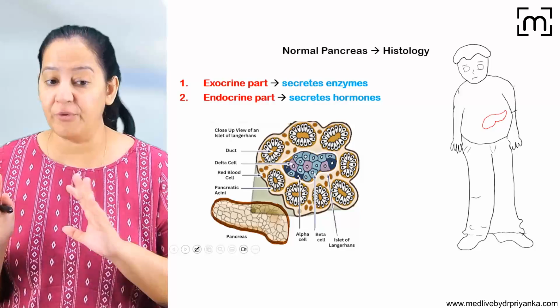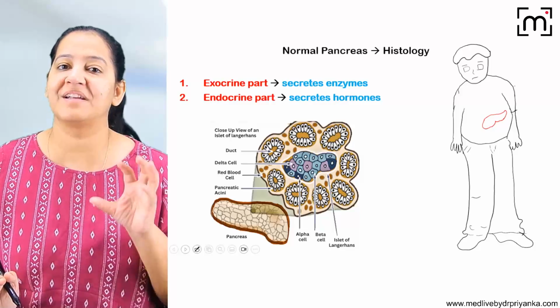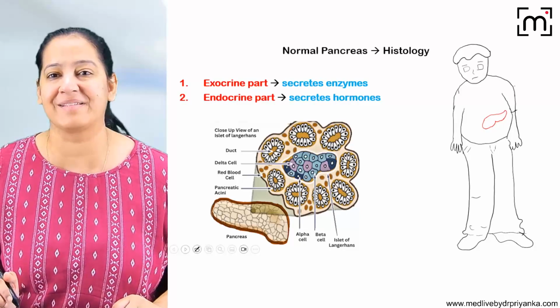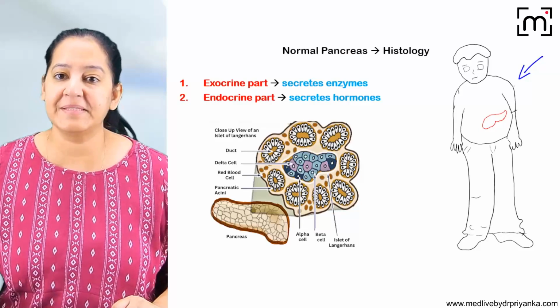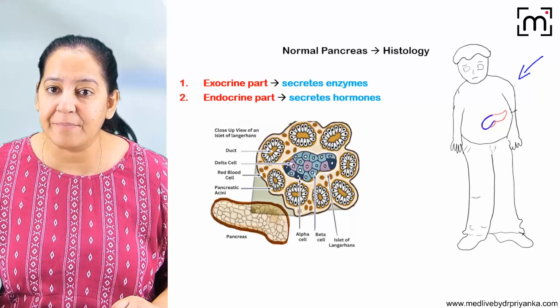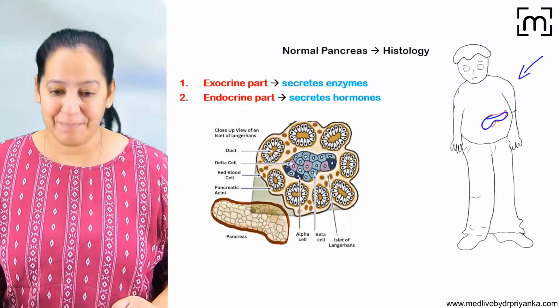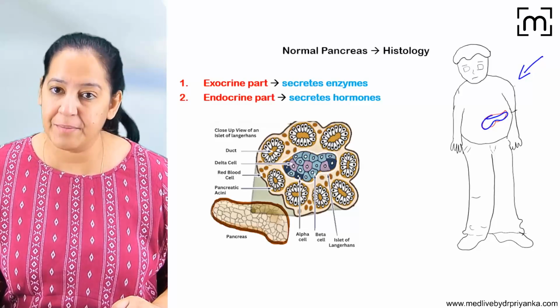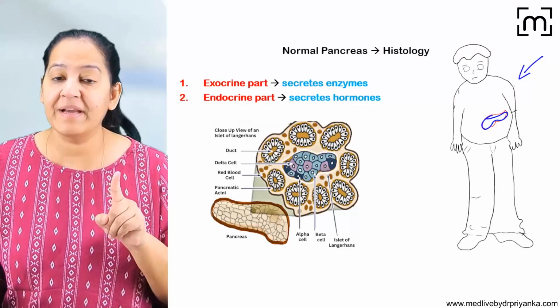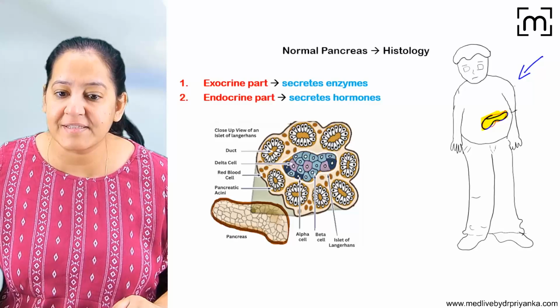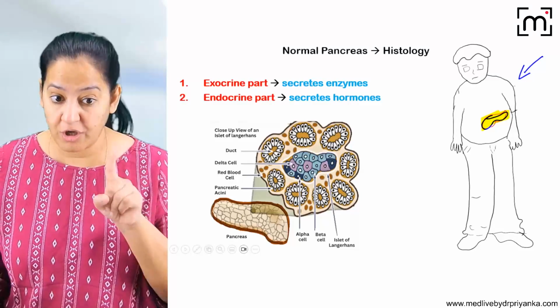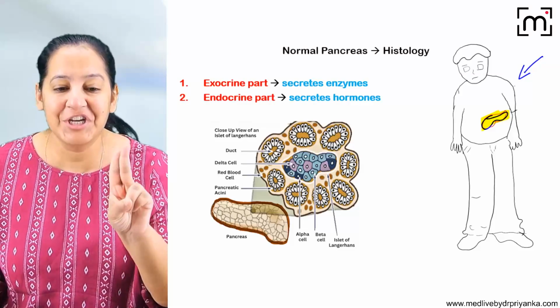As I told you, before understanding the topic diabetes, you must understand the normal histology of the pancreas. Can you see this is a human body? In the human body, the pancreas is an abdominal organ. Although anatomically the pancreas is a single organ, histologically and functionally it's a dual organ.